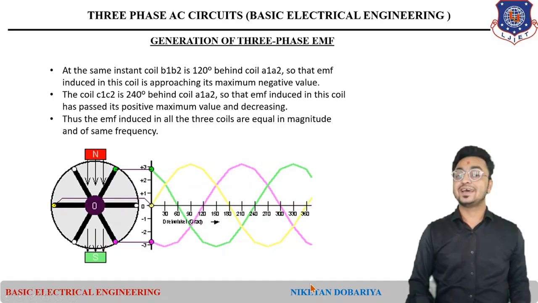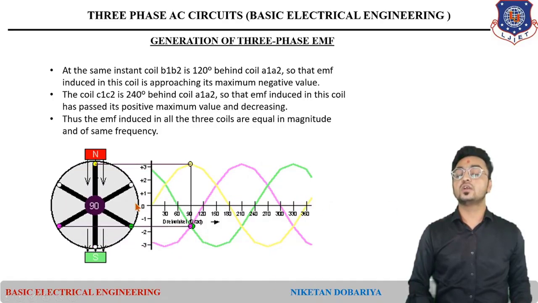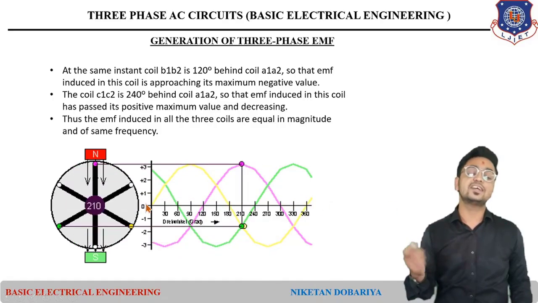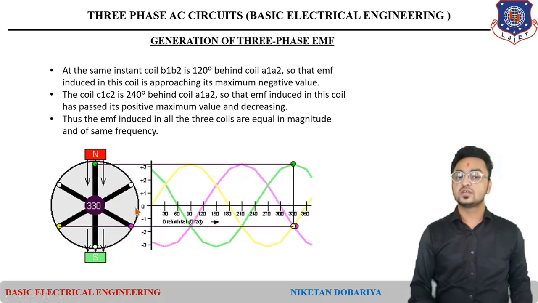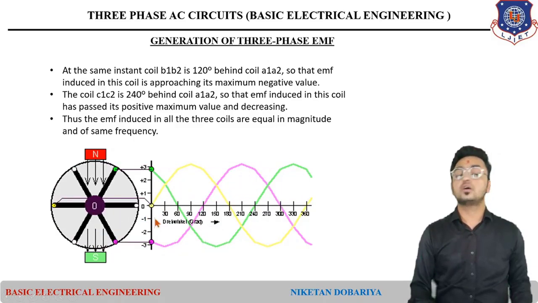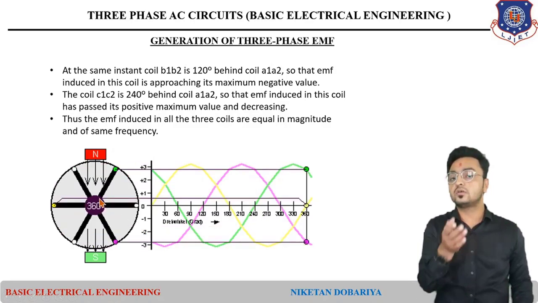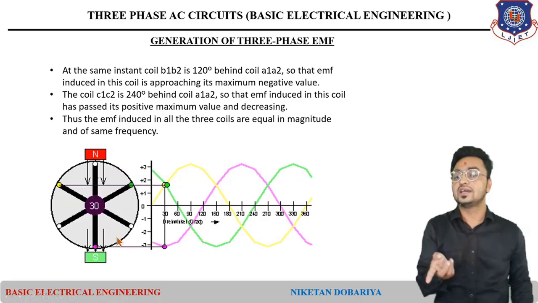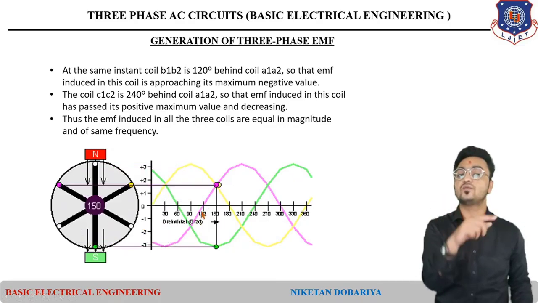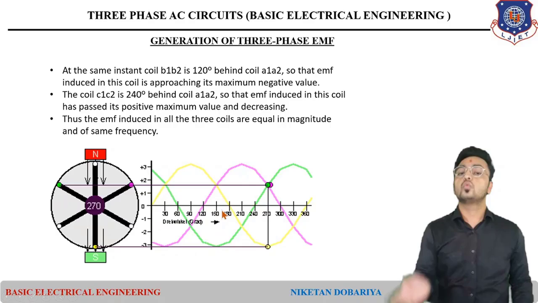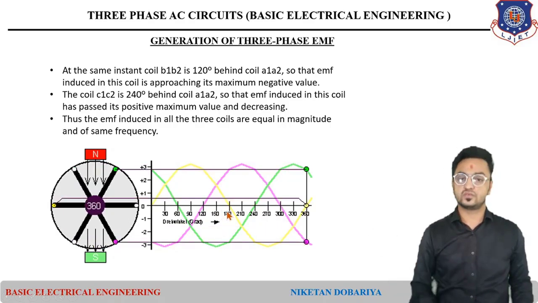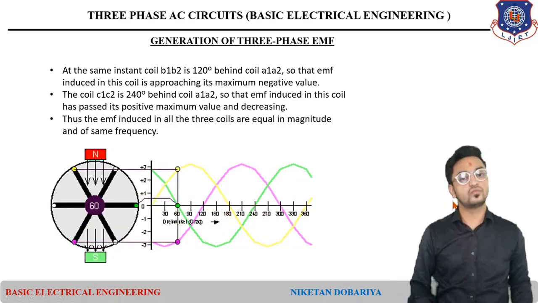So basically, as I mentioned, as this first coil starts its rotation from 0 degree, its positive cycle starts from 0. The second coil was at 120 degrees with reference to the first one, and that's why its voltage, the second voltage, starts from 120 degrees with reference to the first one, and the third one starts from 240 degrees.